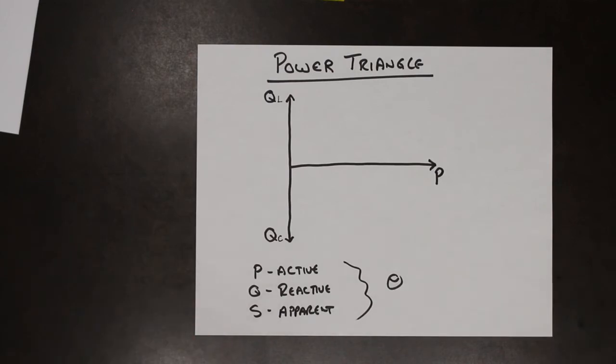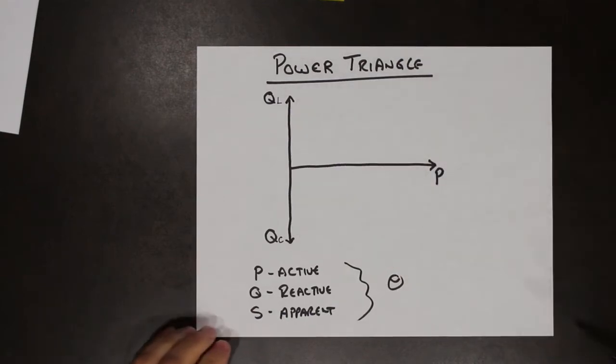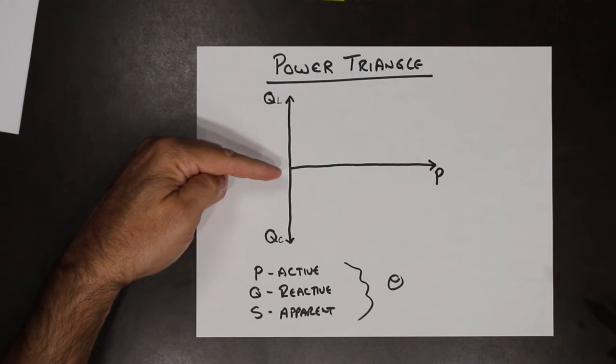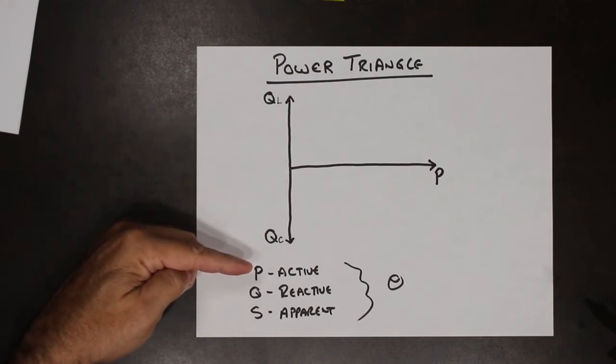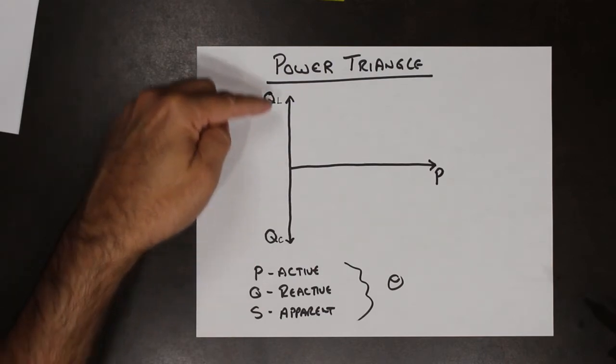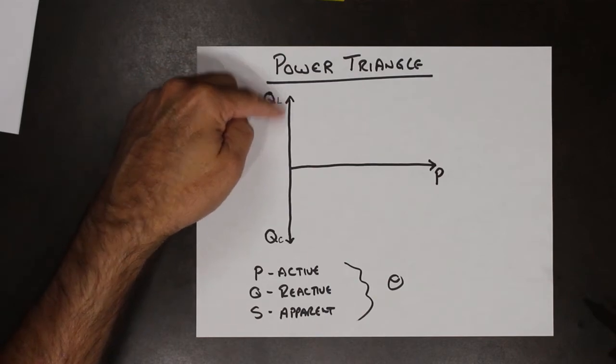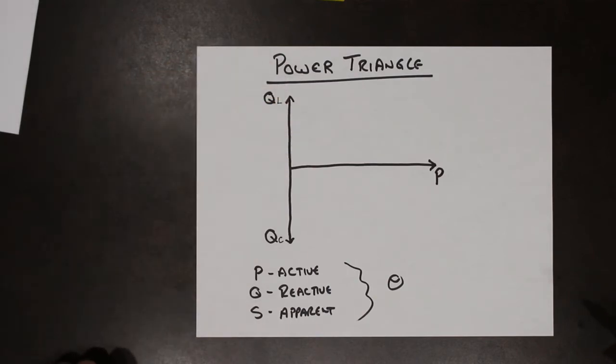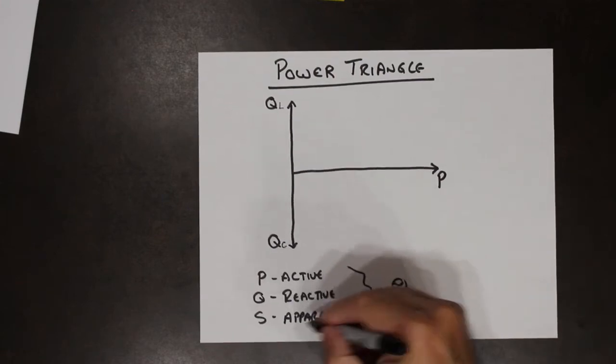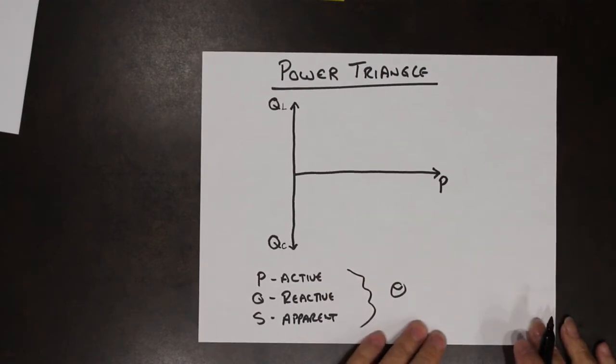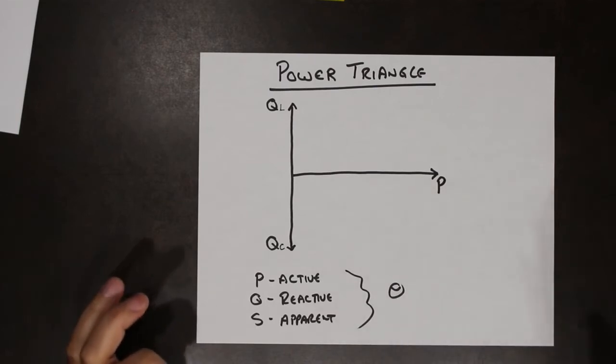So when we're dealing with the powers, the capacitive power, the Q, is the negative side of J, and the QL is on the positive side. So basically S, which is apparent power, is the vector sum.